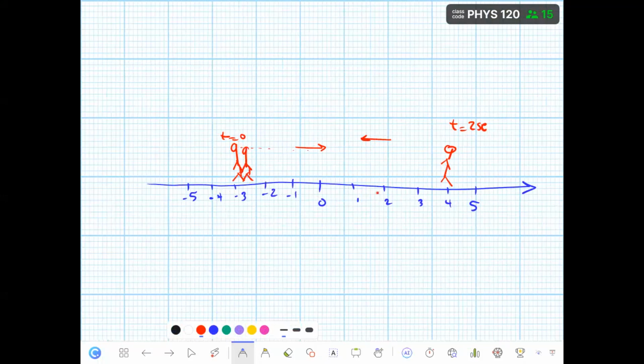Let me just draw a different coordinate system. Okay. Zero, and then it's 4, and it is -3. That's the same person, okay?